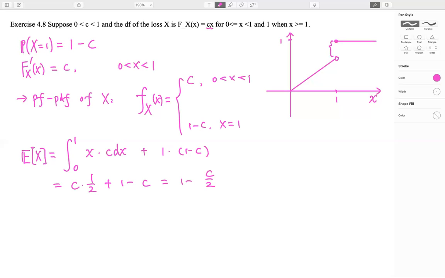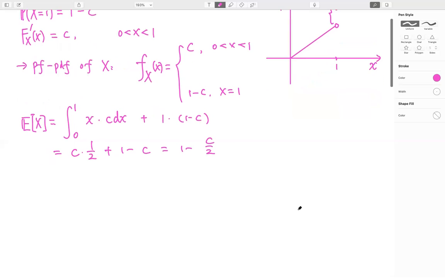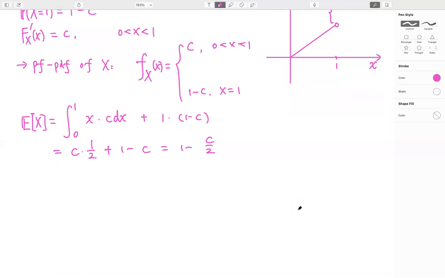By the way, we can do it in the most general way, because we can write this as an integral. It's non-negative, so it goes from 0 to infinity.